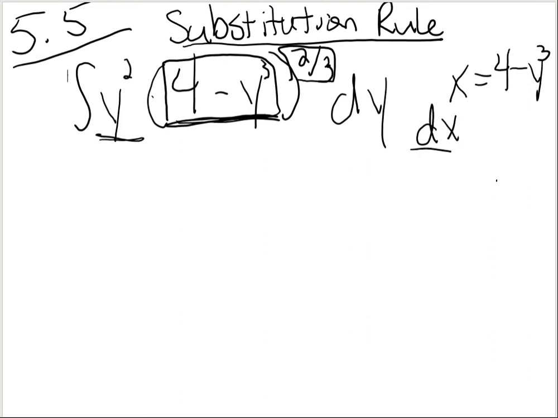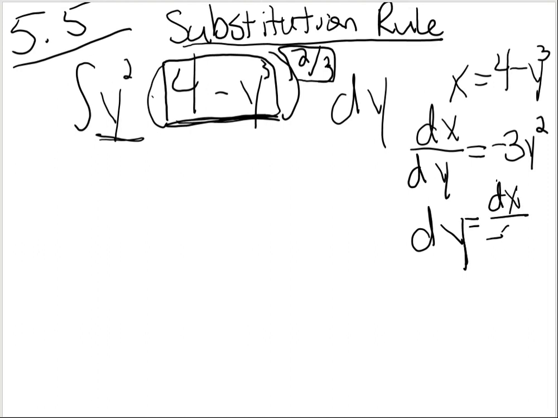So then you take the derivative. What do you get? Negative 3y squared. You solve for our differential, dy. You get dx over negative 3y squared. You can plug this in.